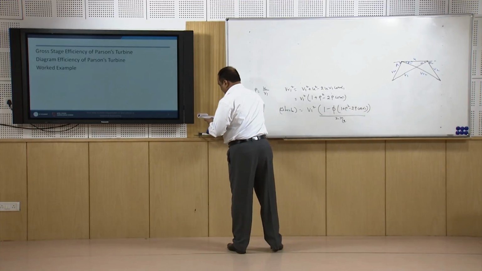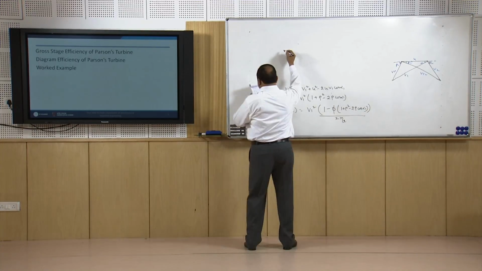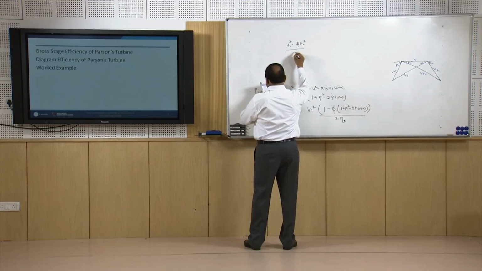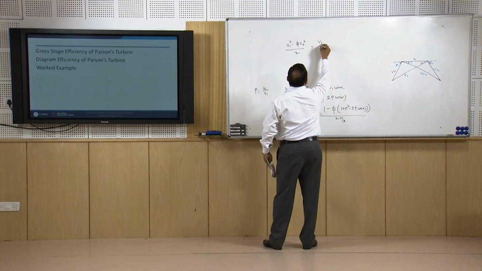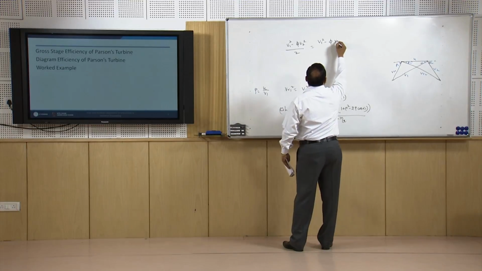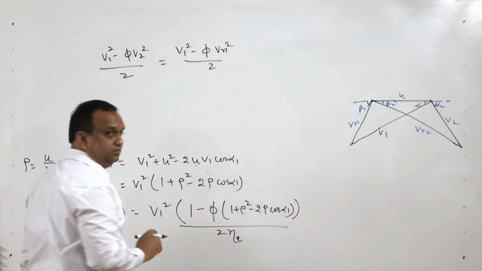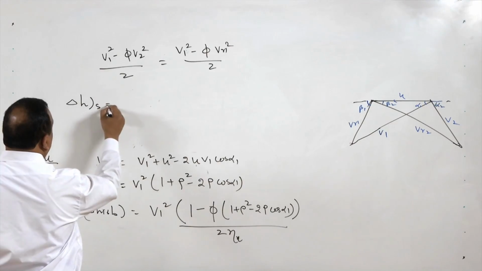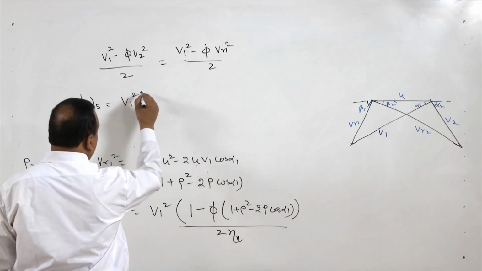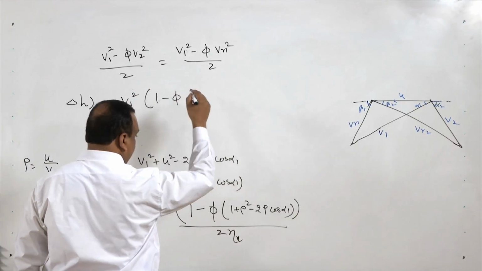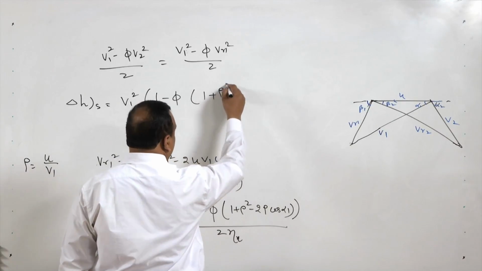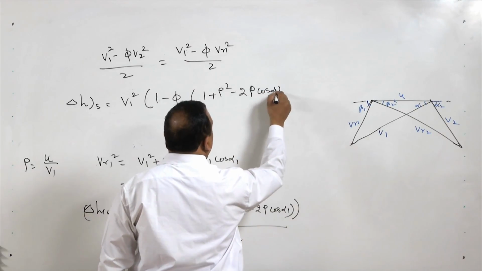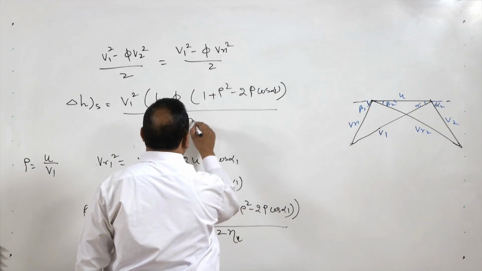Except for the first stage, the gain in kinetic energy in each row of fixed and moving blade is V1 square minus phi V2 square by 2, which is equal to V1 square minus phi VR1 square by 2. So, delta H in a stage is twice of this, so it is V1 square times 1 minus phi times 1 plus rho square minus 2 rho cos alpha 1, divided by efficiency of the nozzle.